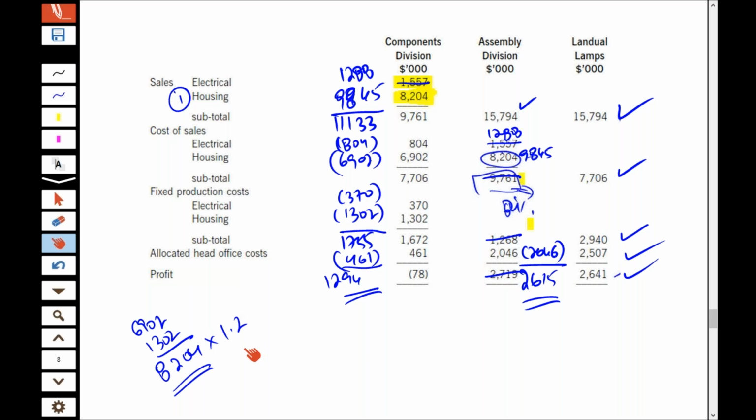Yeah, that is the margin. Yes, I have added 20% to it.